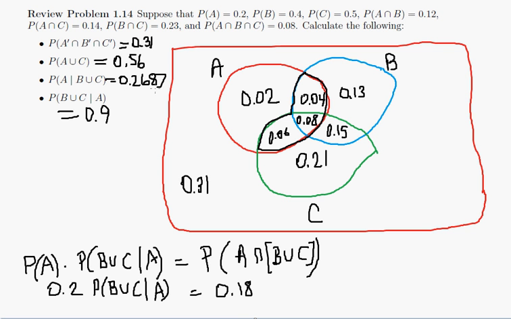The third answer is if I know I'm in B union C, so I'm somewhere in B union C, what's the probability of being in the black area? This is the region in black divided by the probability being highlighted here, the red, the blue, and the green circles combined. So I get two different answers depending on which one comes first and which one comes second.